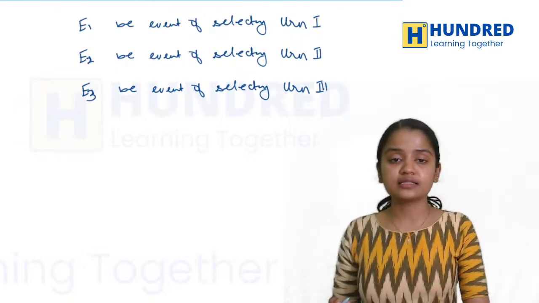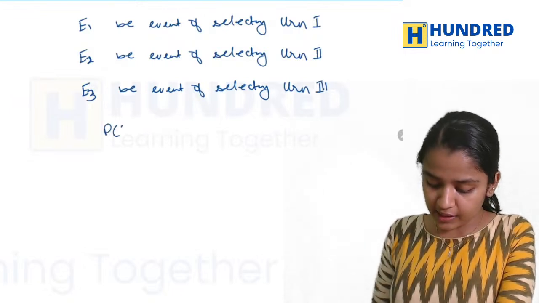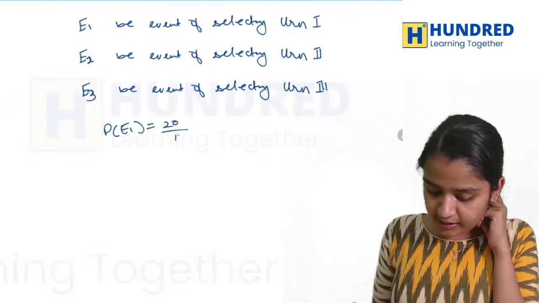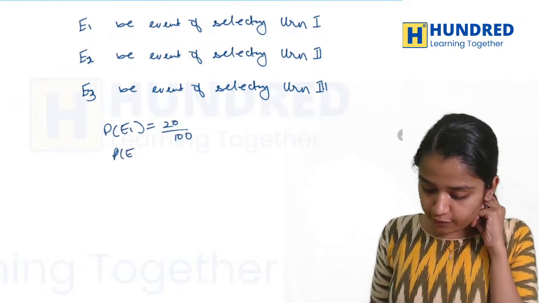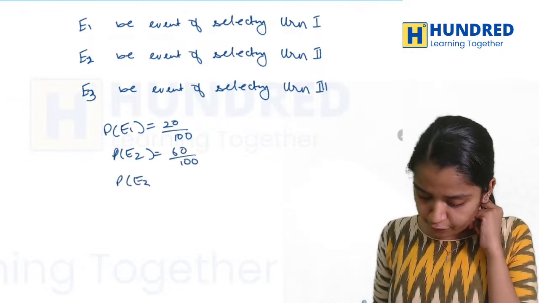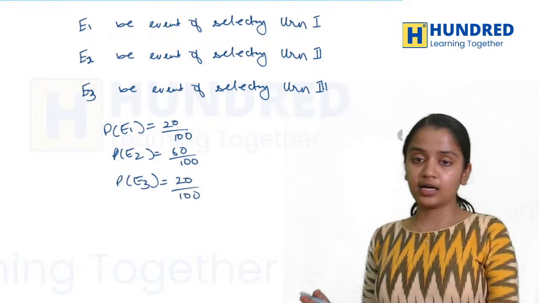So E3 is nothing but the event of selecting urn 3. So basically P of E1 they have given as 0.20, which is nothing but 20 by 100. P of E2 is nothing but 60 by 100. P of E3 is nothing but 20 by 100. Like this they would have given.